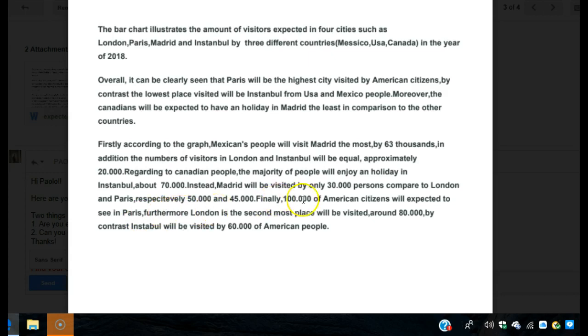Furthermore, London is the second most visited place, or London will be the second most visited place at around 80,000. Whereas, you needed a different contrast word here, whereas Istanbul will be visited by 60,000 American people.